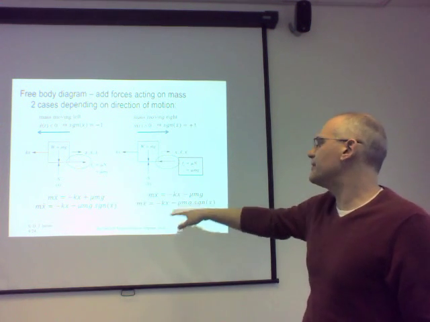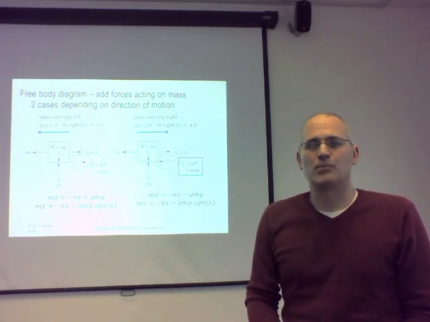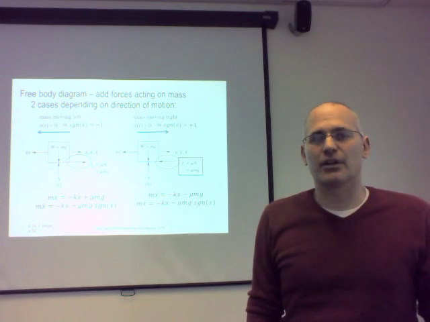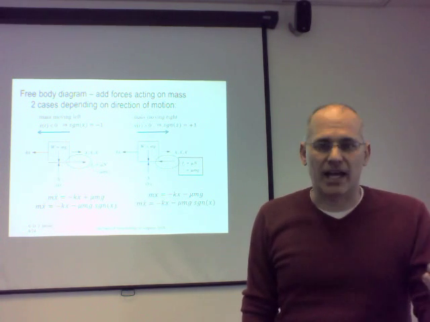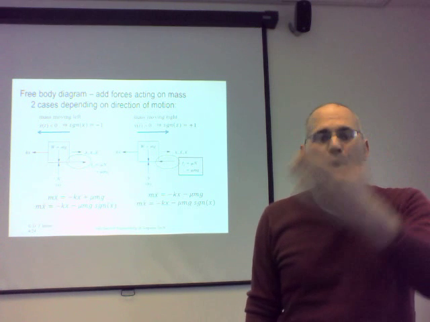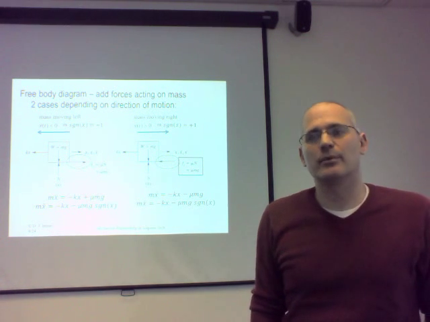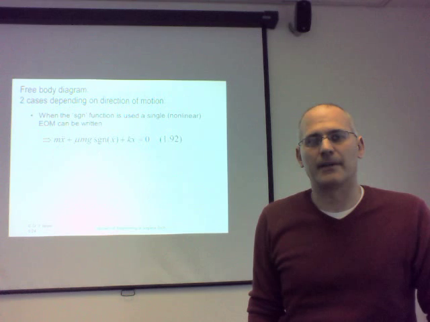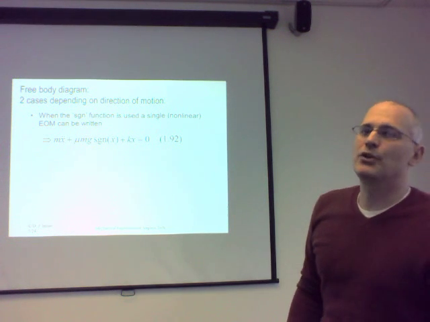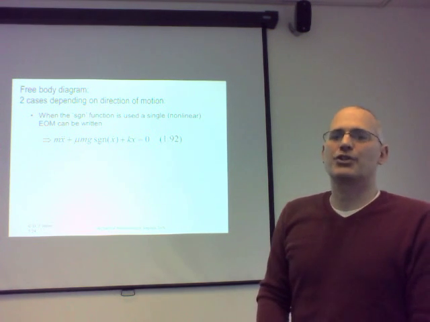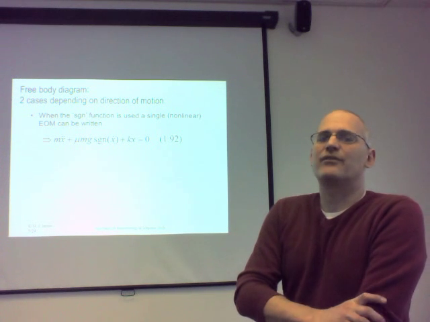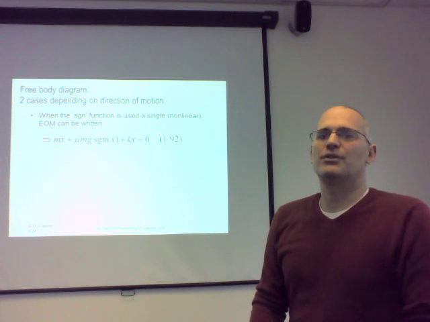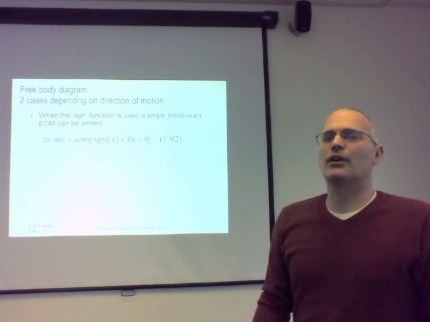You see the bottom left is the same as the bottom right. By introducing this nonlinear term, we've got one nonlinear equation to describe both of these two cases. We don't have to simulate them separately. Two cases depend on the equation of motion. We introduce this sign function to get a single nonlinear equation of motion.